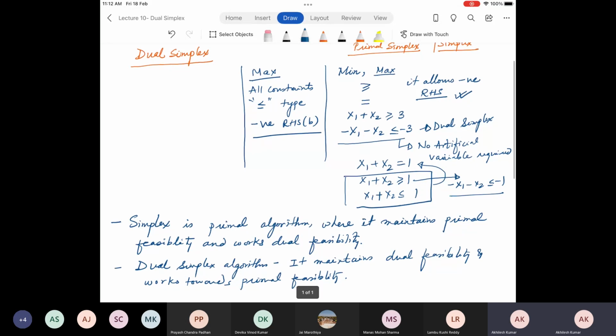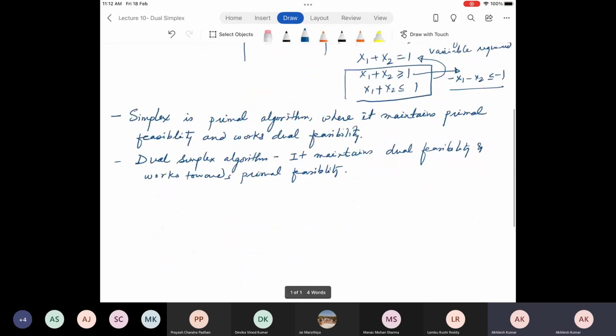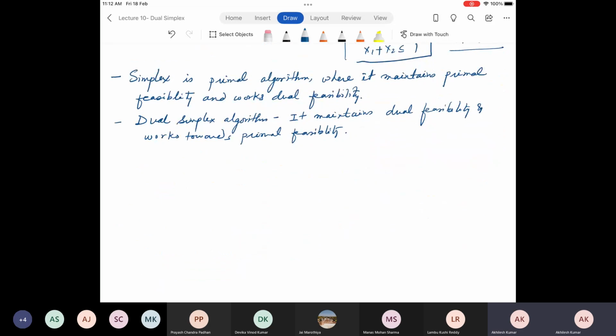So what is your understanding of this statement, given that you already know the simplex algorithm maintains primal feasibility and works towards dual feasibility? Tell me.